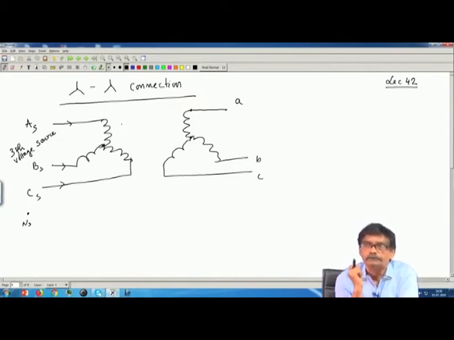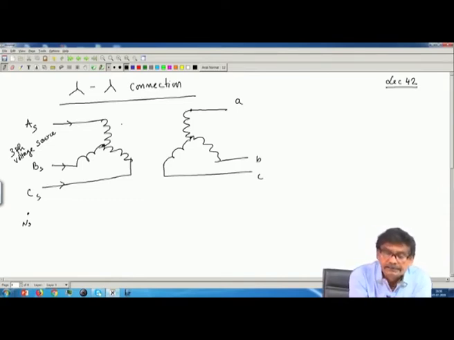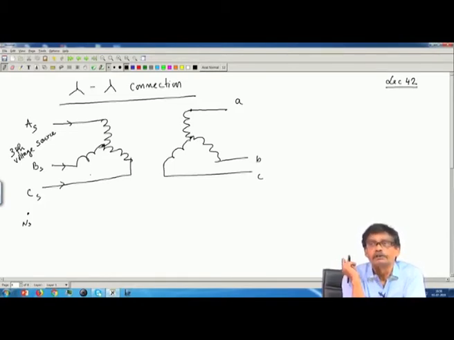But if the connection is like this, with our previous knowledge we immediately conclude that whatever magnetizing current it draws cannot have a third harmonic component.